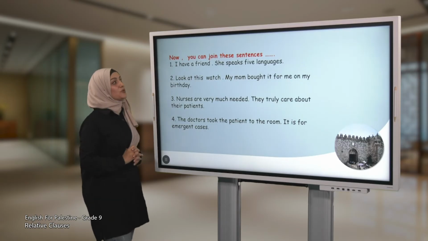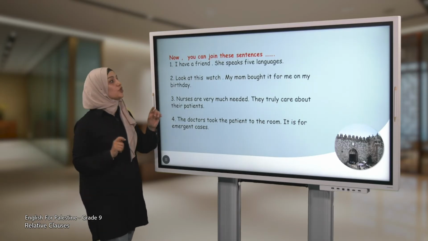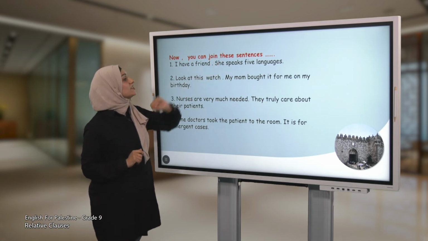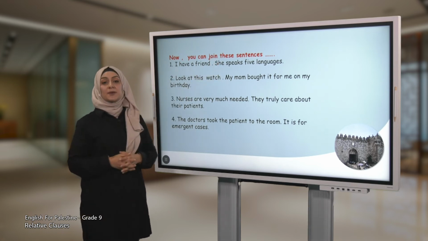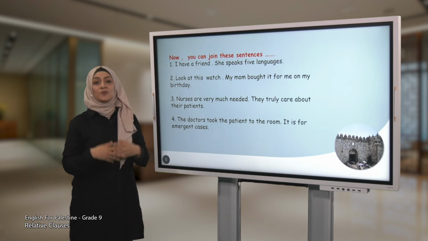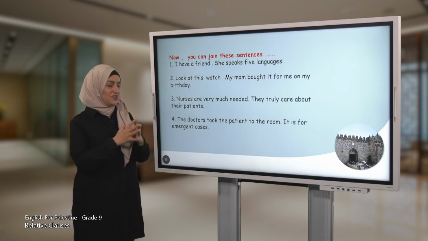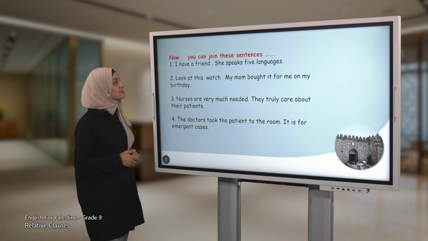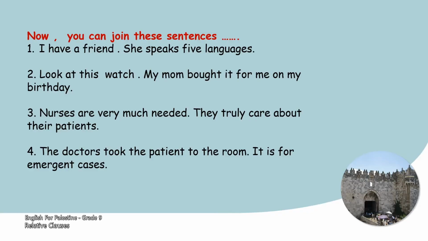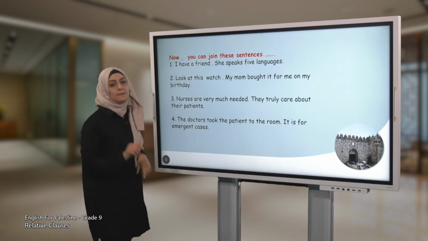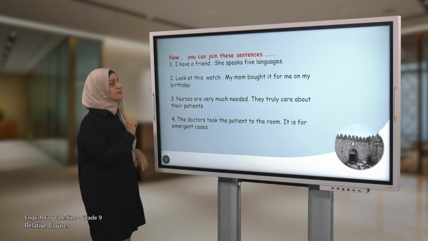Now, I want you to practice and try to join these sentences together using the suitable relative pronoun, "who" or "which". Let's start. I have a friend. She speaks 5 languages. Let's do it together.